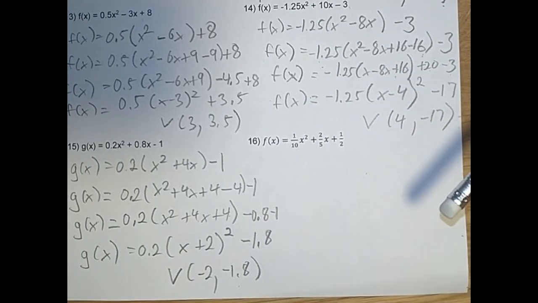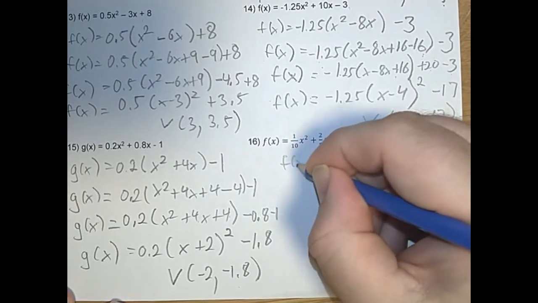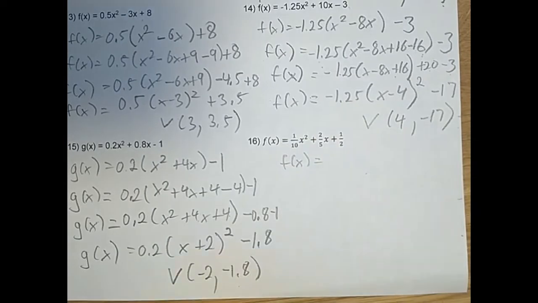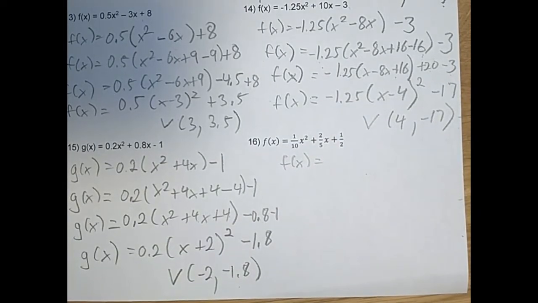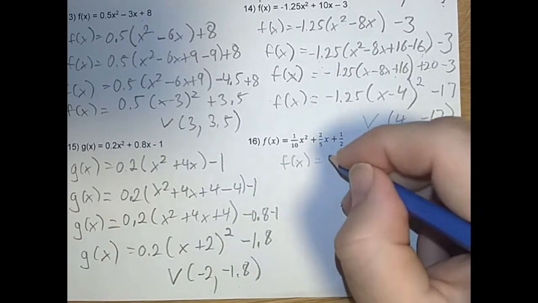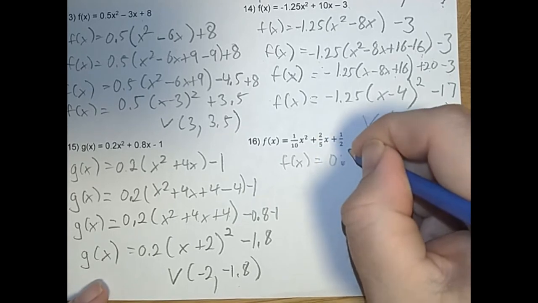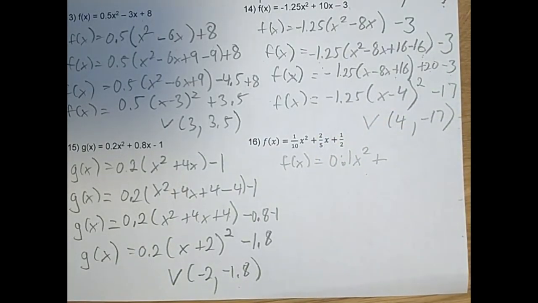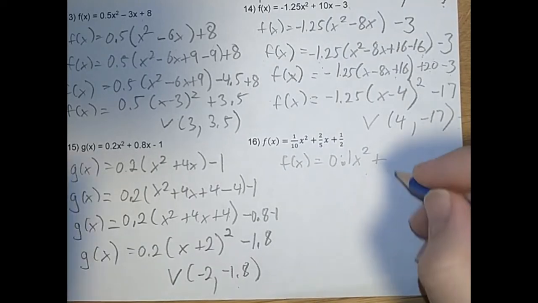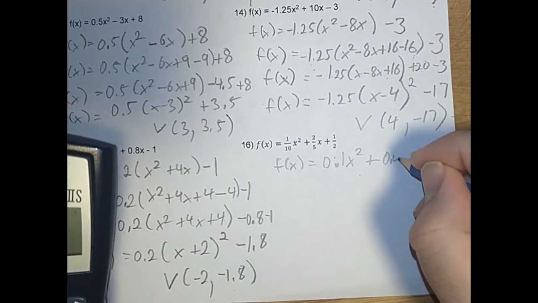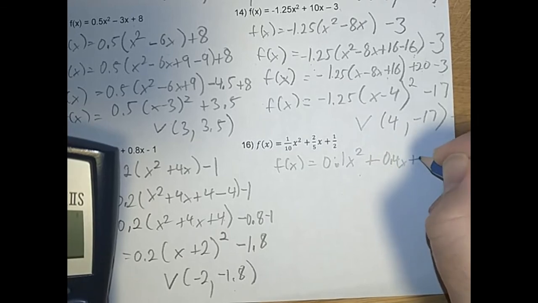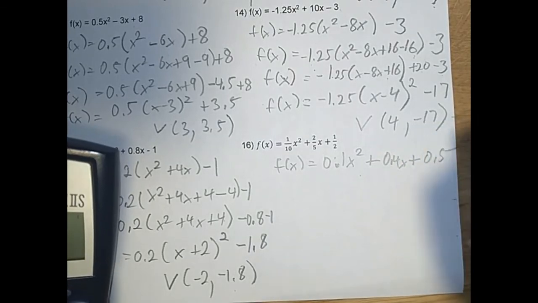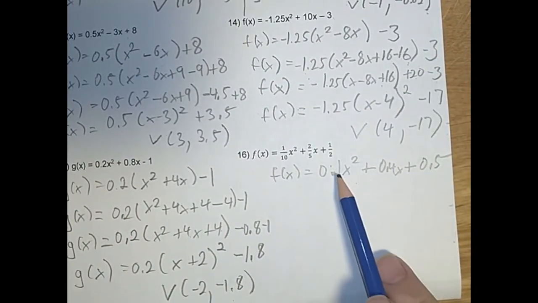Okay, last one, I'm going to just turn all those into decimals. I'm just going to use my calculator and put them all as decimals. 1 divided by 10 is 0.1x squared. Plus 2 divided by 5 is 0.4x. Plus 1 divided by 2, that's 0.5. First two, I'm going to take the 0.4 divided by 0.1.